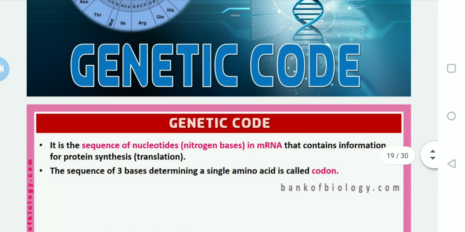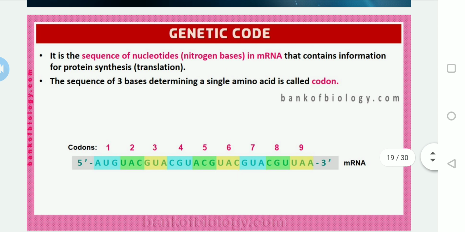First of all, the question arises: how can you define genetic code? It can be defined as the sequence of nucleotides or nitrogen bases in messenger RNA that contains the information for protein synthesis.